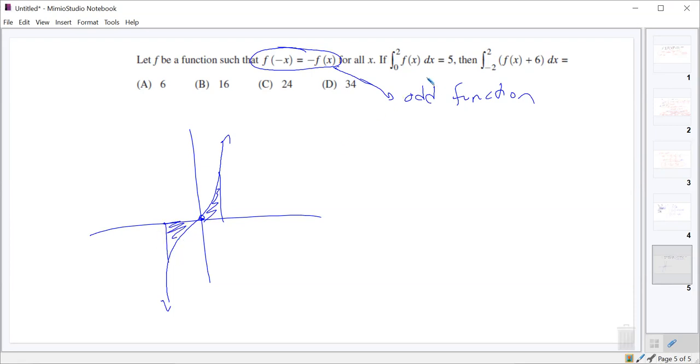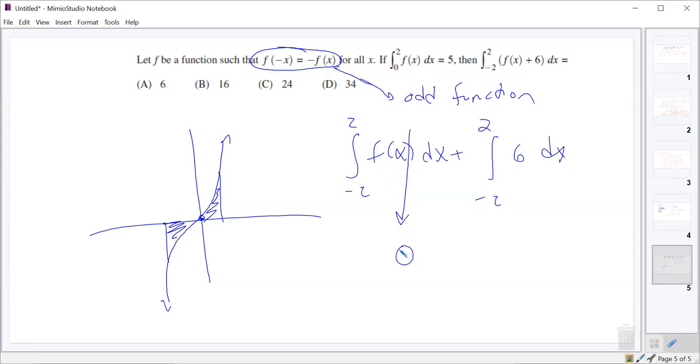And so if we were to think about this as -2 to 2, well, this is the integral from -2 to 2 of f of x plus the integral from -2 to 2 of 6. And the integral from -2 to 2 for an odd function that's symmetric across the origin should become 0.